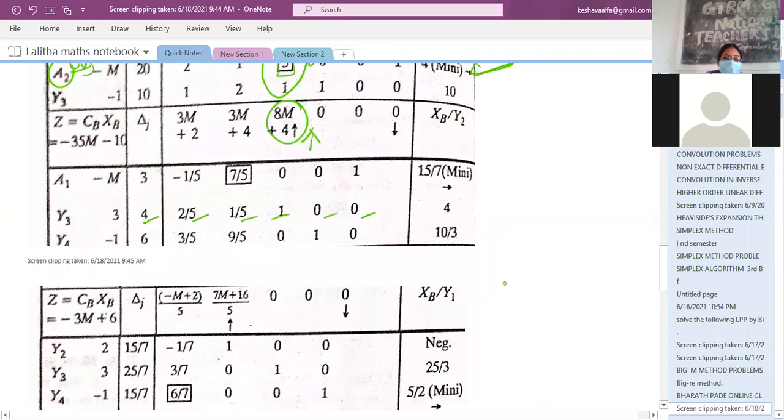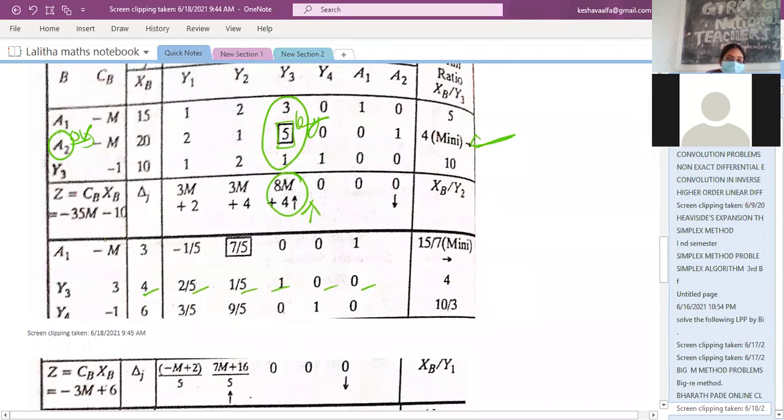Okay. Next, we want the remaining values. In the XB column, first value: start with the key element. 5 into 15, AD minus BC, by the key element. 5 into 15 minus 20 into 3. So 75 minus 60, 15 by 5, we got 3.